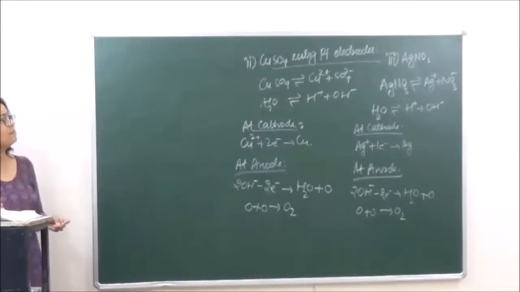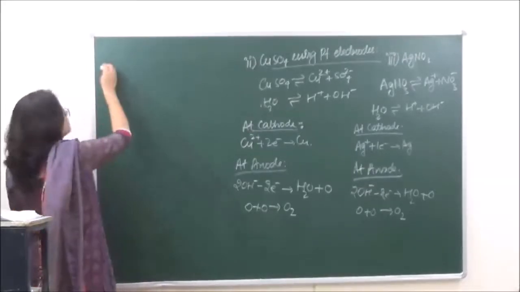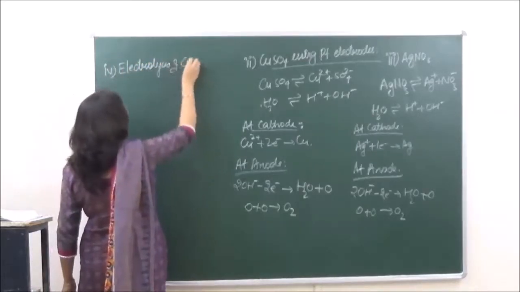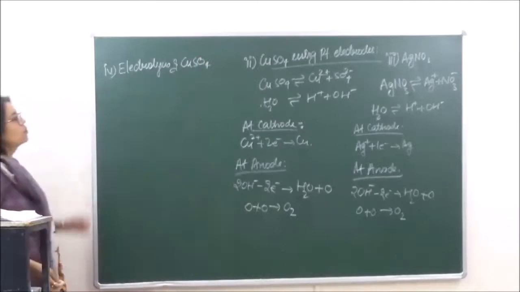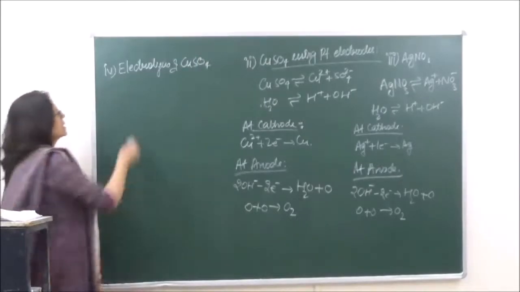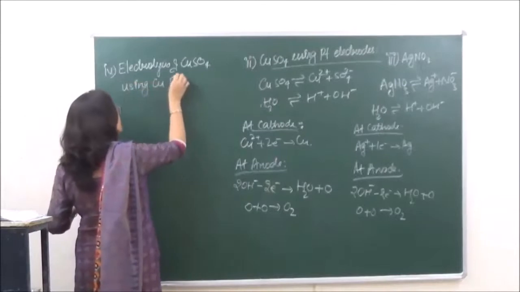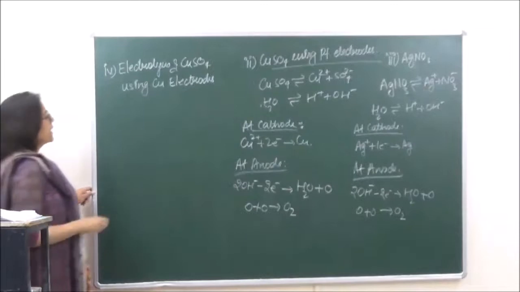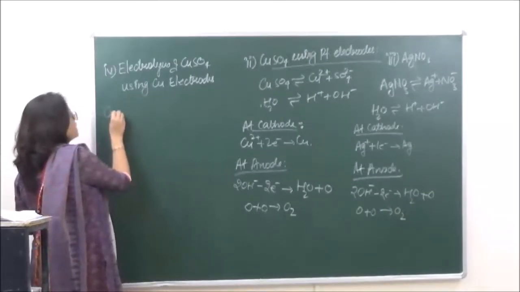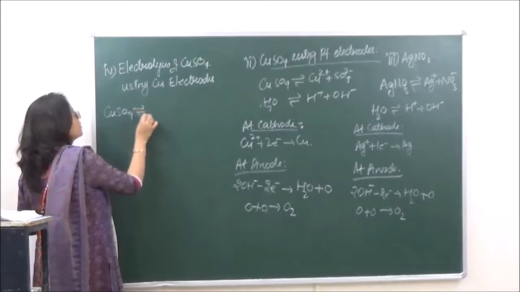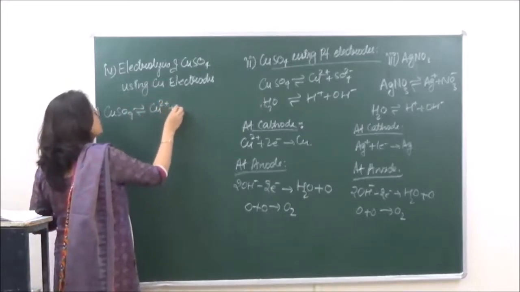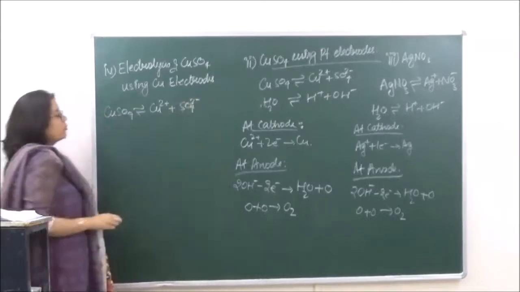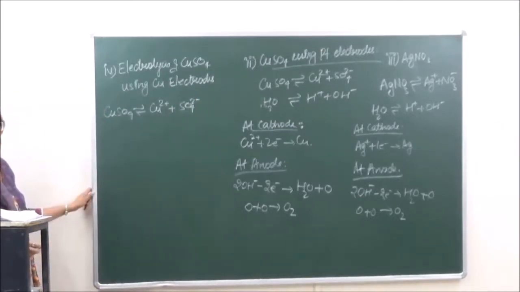Electrolysis of copper sulfate using copper electrodes. Now over here the reaction is going to be different. Copper sulfate dissociates to give us Cu2+ plus SO4 2-. Now we are taking over here reactive electrodes of copper.